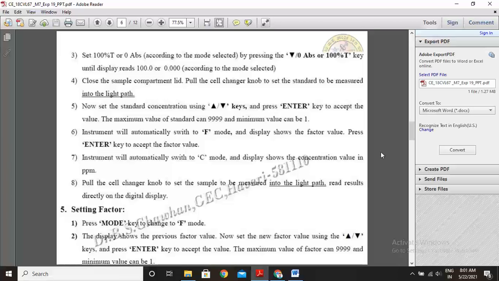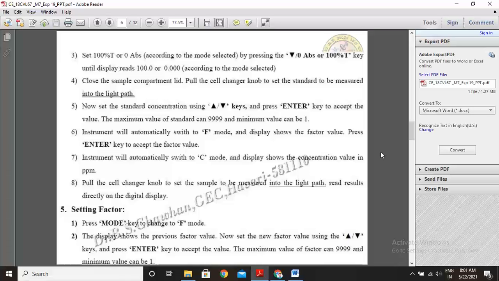Next, how to set the factor. See the procedure for this part. In the first step, press the mode key to change to F mode.